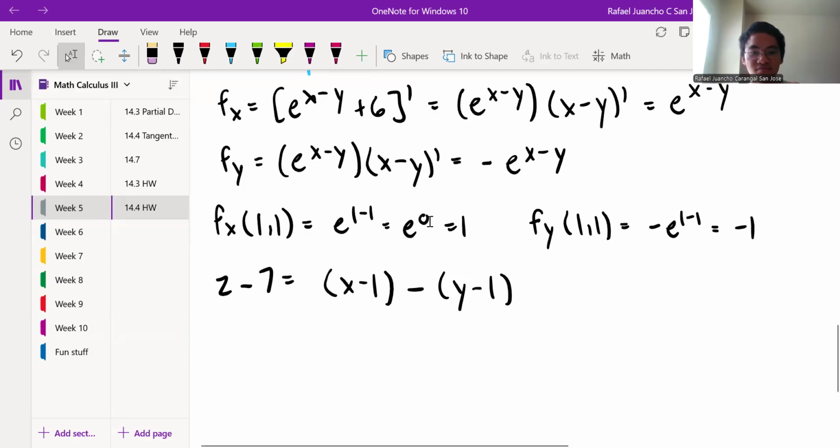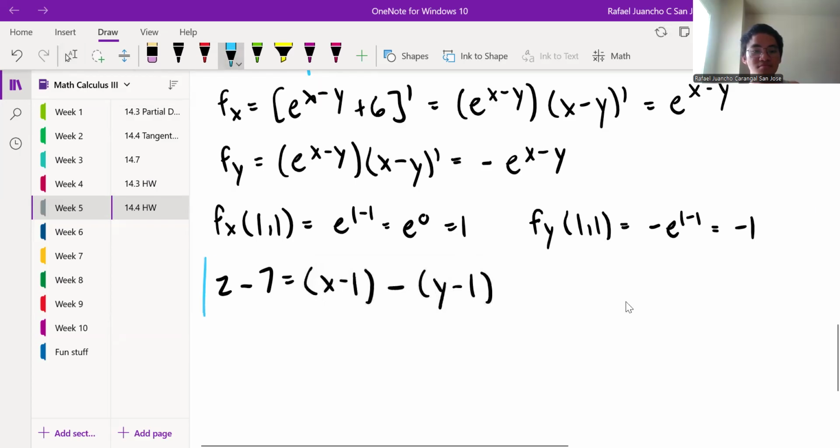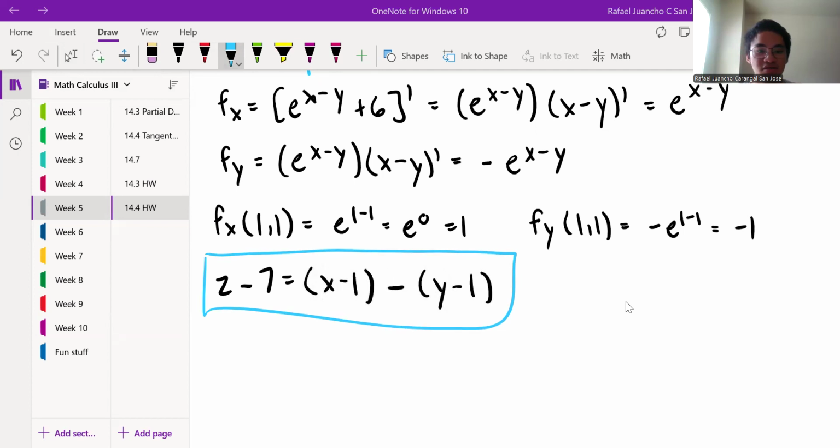And there we have it. Done. So this gives us the equation of the tangent plane at that particular point. We're just practicing on how to use that formula, right?